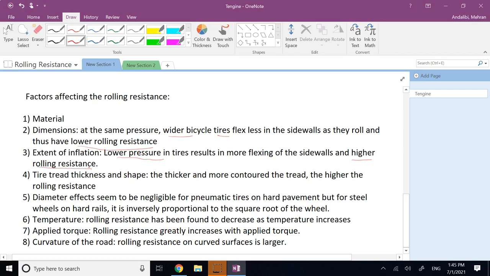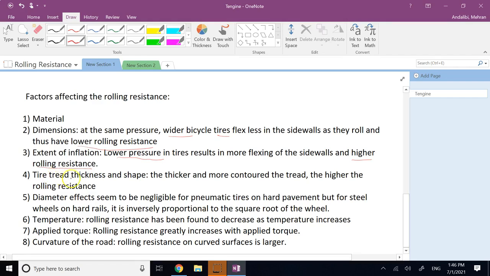If your car tires are not well inflated, for example, instead of 35 psi or 36, they are at 30, 29, 31 or so, you see that over time you are burning a lot more gas, correct? So that's why they say if you want to reduce the amount of gas consumption in your car, make sure that the pressure in your tires is high enough, because if it's not, then they will deform a lot more under the weight of the car, and there will be more hysteresis and more waste of the energy.